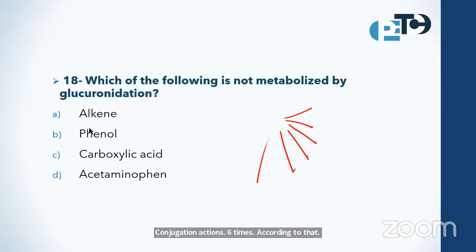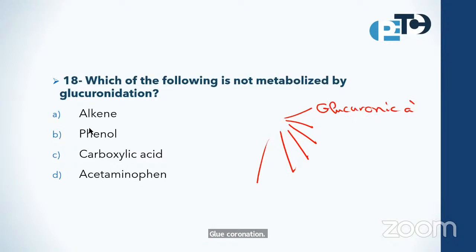Okay, glucuronidation. The conjugate here is glucuronic acid, joined or combined with the molecule to make it more polar in order to excretion. Sulfation: the sulfate group is joined to the main drug in order to make it more polar for excretion.